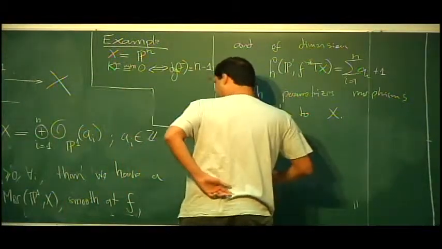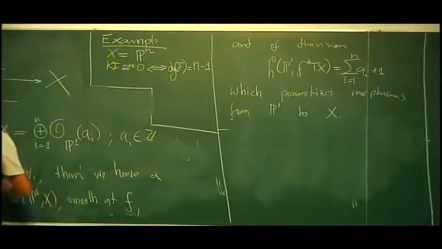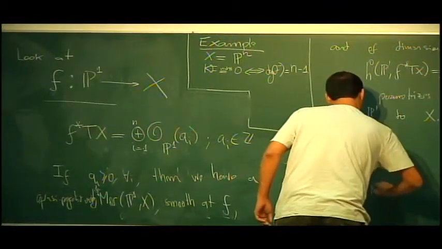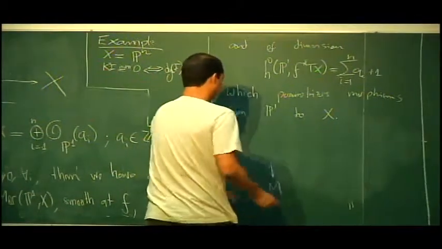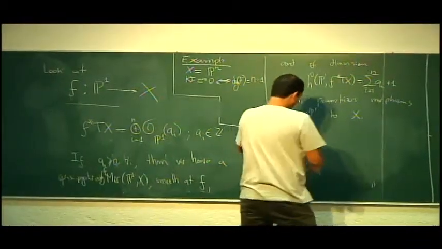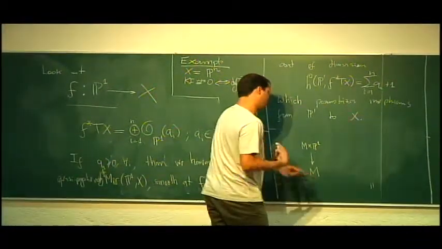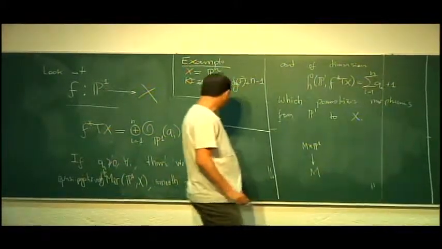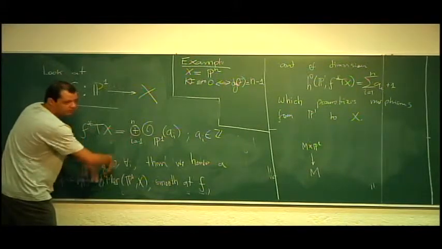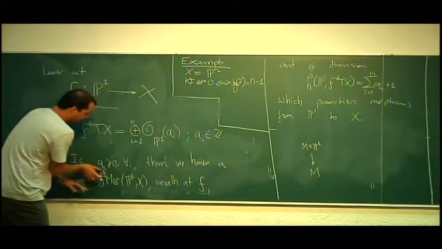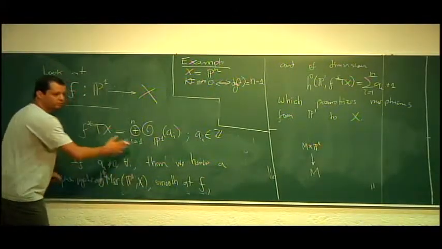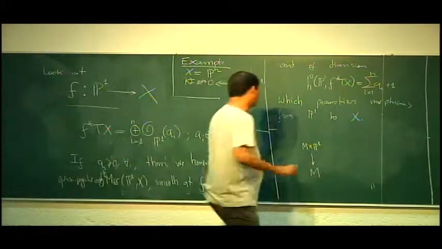In the following sense: let's call it M. I have this M, and I have here M times P1. The points of M are morphisms. We can just define this as a scheme. I'm saying that there is an irreducible component which parameterizes the deformations of F.